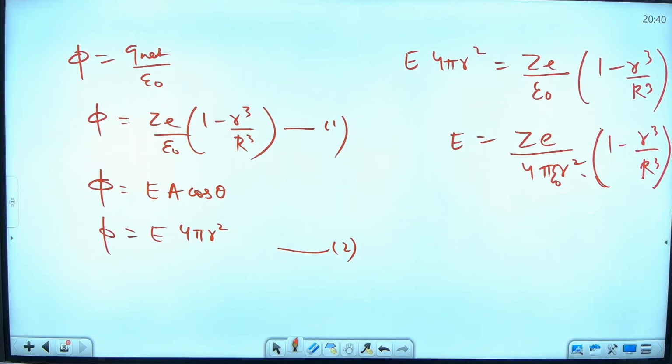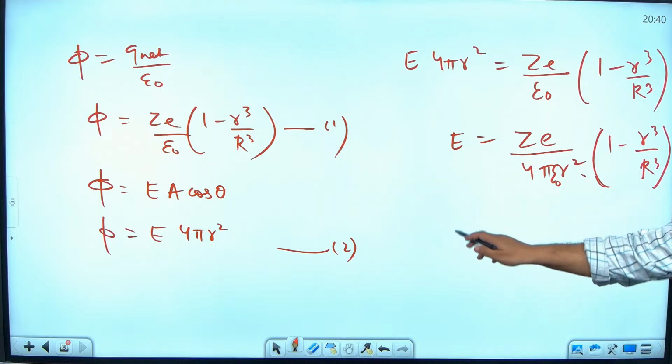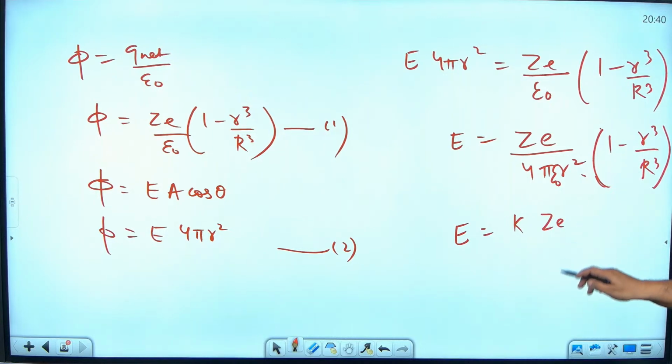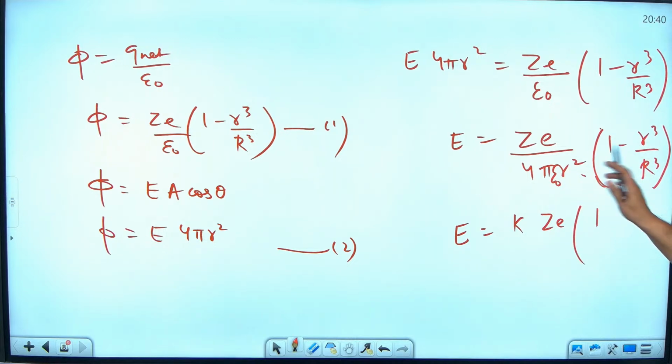So I can write E is equal to K ZE by r square. Shall I send inside? Then it will become 1 minus r cube by R cube, I am writing like this, I will make it easy: R cube minus r cube by R cube into r square.